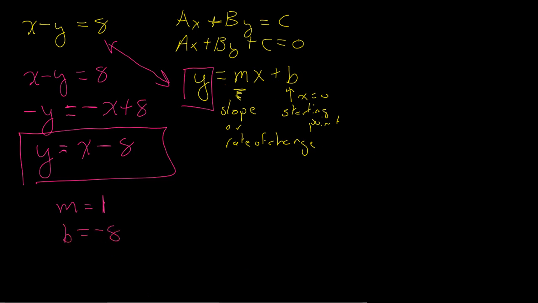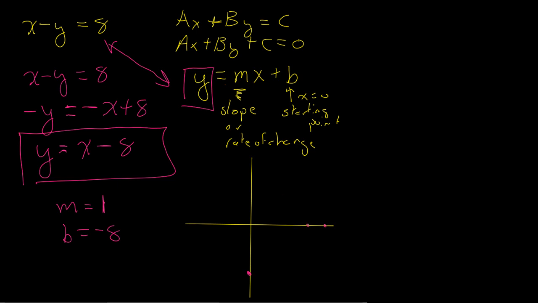So I could graph this. I'd come down to -8, and I'd use a rise over run. And so my line would end up looking like that. Now, not quite like that.